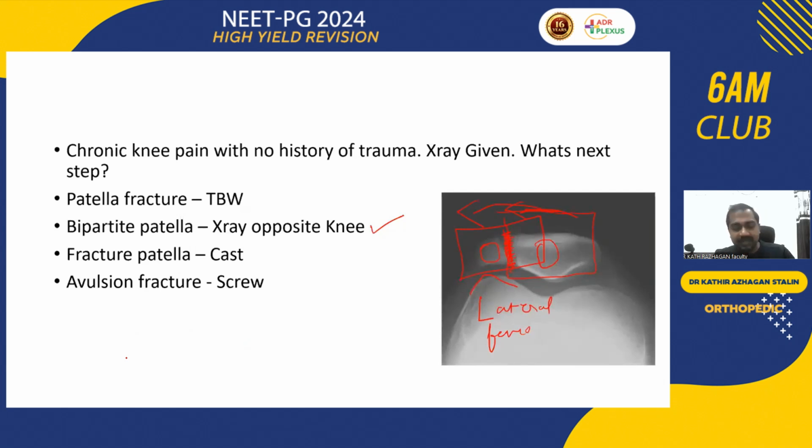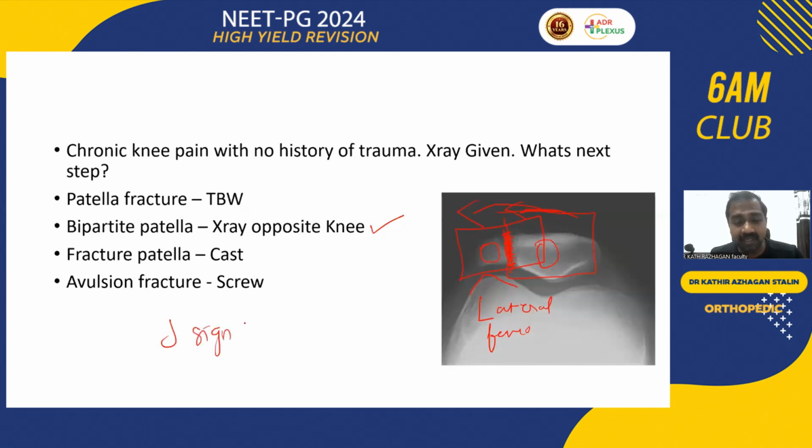So why am I telling you this? Because one year they have given you a skyline view. The next year they have given a patella fracture in a skyline view. The next year they have asked bipartite patella. So if they want to stick with the skyline X-ray, then the only next question they can ask would be an unstable patella, and the sign would be J sign.